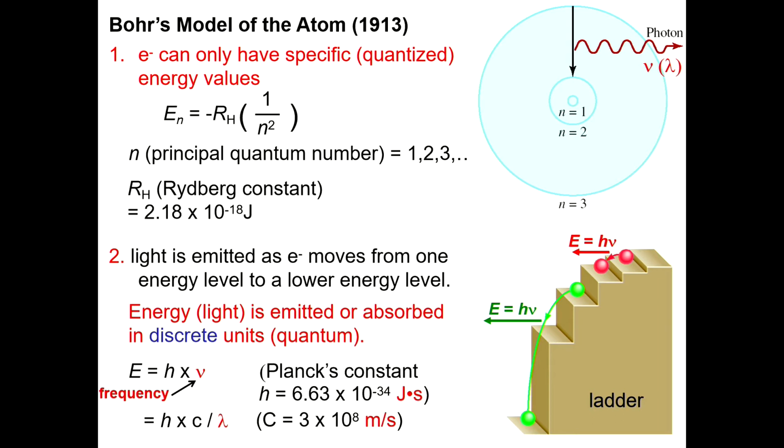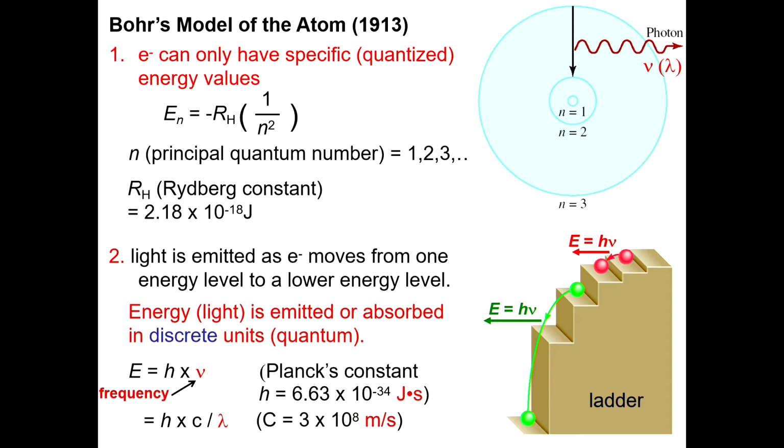And we also can use this equation to calculate the energy difference between the orbitals. Also, the light is emitted as the electron moves from one energy level to a lower energy level, from outside orbital to inner orbital.